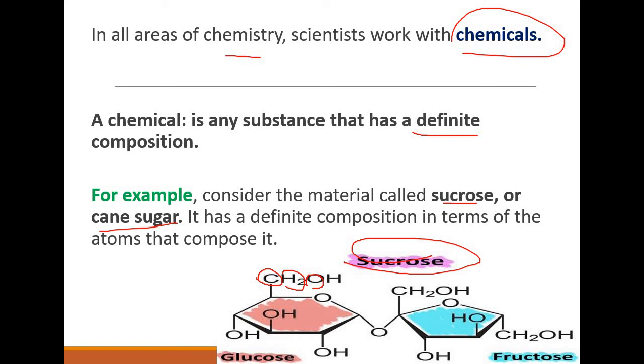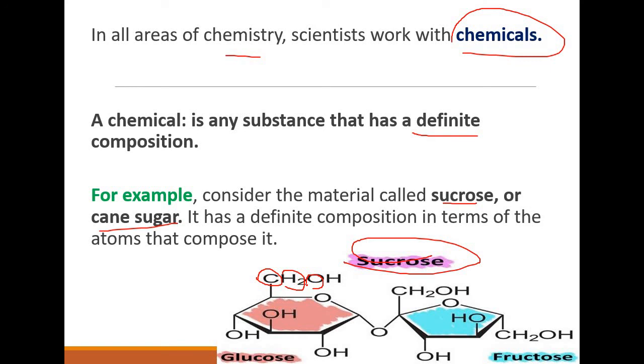So sucrose, or cane sugar, has a definite composition, which consists of atoms like carbon, hydrogen, and oxygen atoms. So any chemist or scientist works with chemicals.